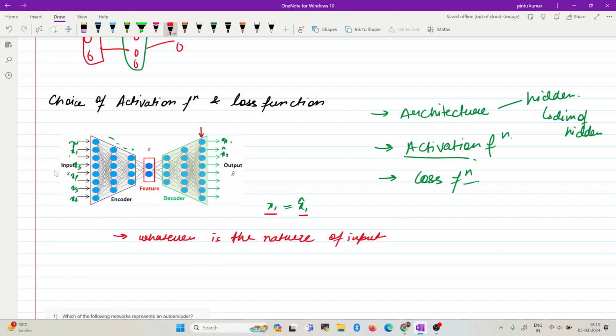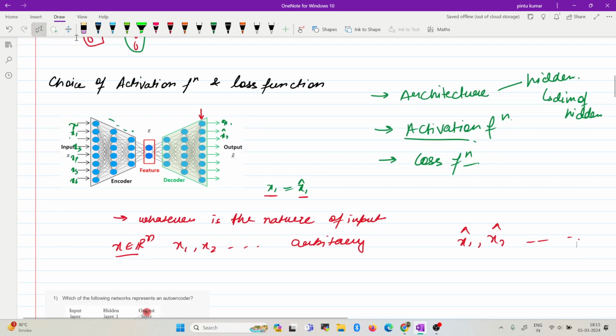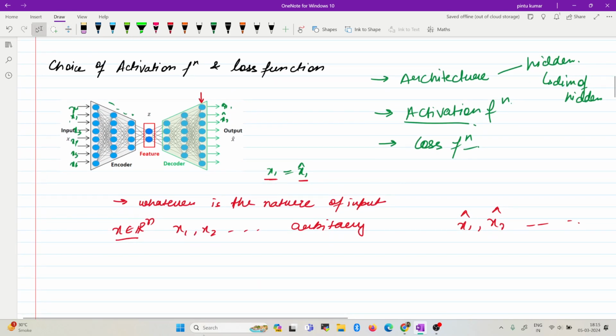So let's say if your x belongs to some Rn, so x1, x2, x3 are some arbitrary real numbers, then you want your x1 hat, x2 hat, all these things to also be arbitrary real numbers.